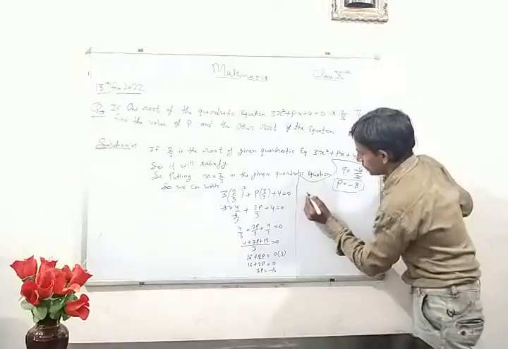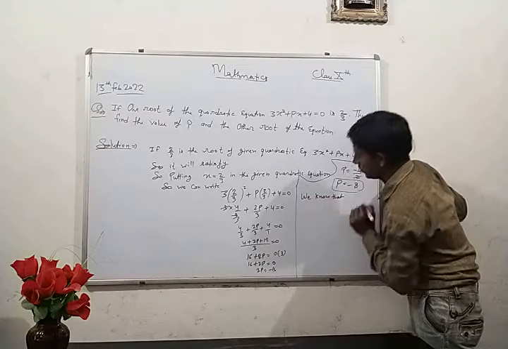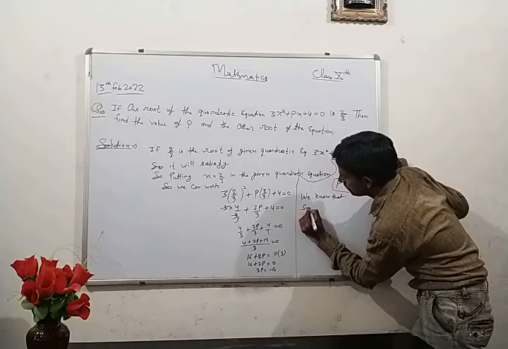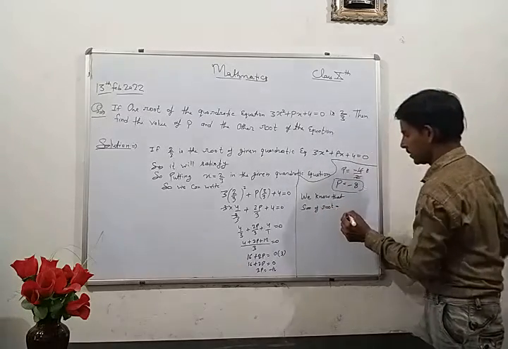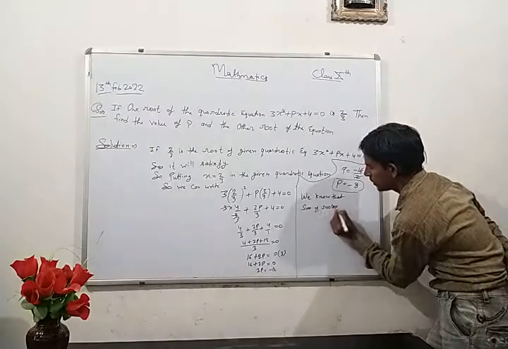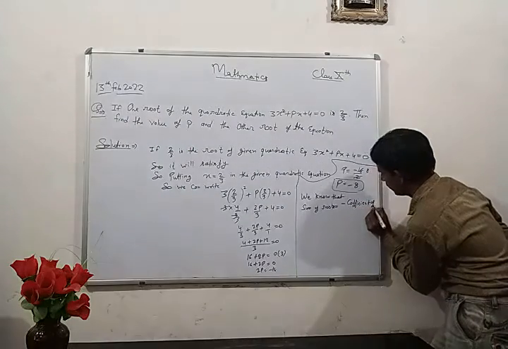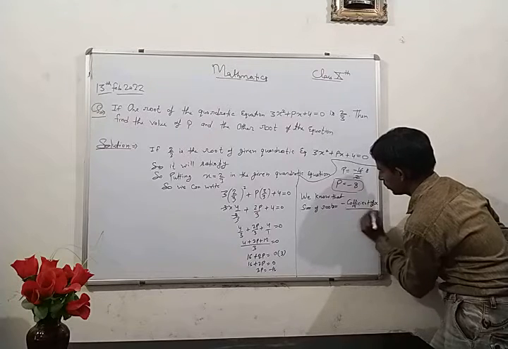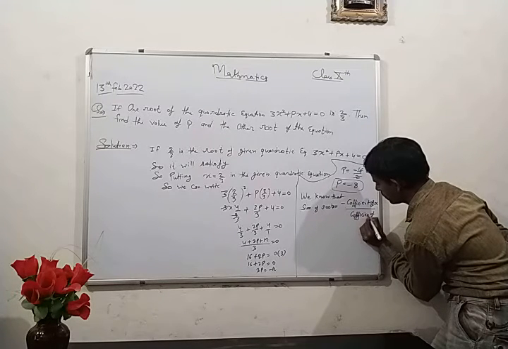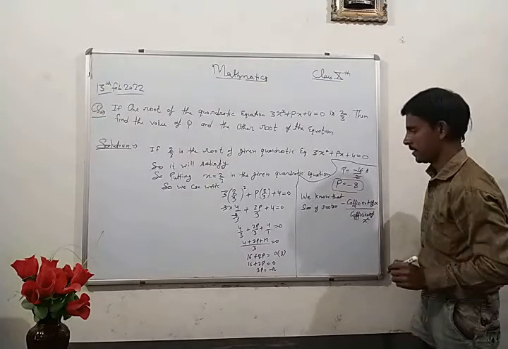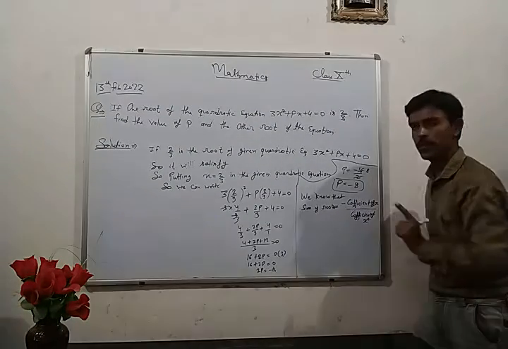We know that the sum of roots equals minus the coefficient of x upon the coefficient of x².